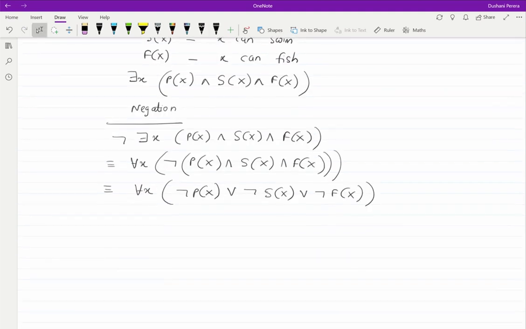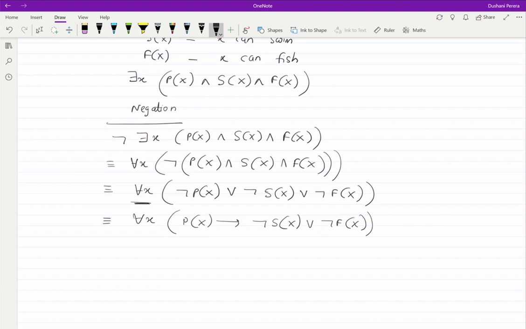Okay, now our initial statement was there exists a pig that can swim and catch fish. To make it clearer, I'll write this as an implication. For all x, Px implies not Sx or not Fx. So this makes more sense.